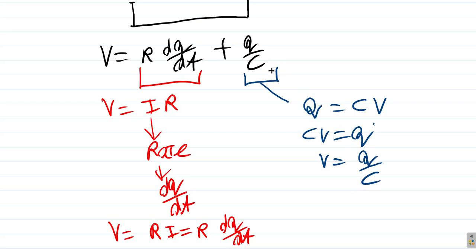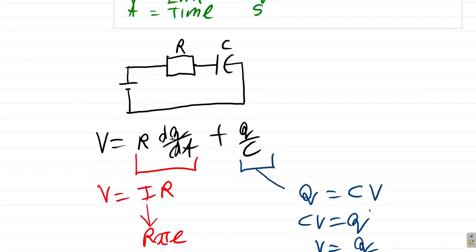So that's this part. This is the voltage drop across the capacitor. This one is the total voltage applied. V, the applied voltage, or the voltage drop across the entire circuit, is equal to the voltage drop across the resistor, which is IR, plus the voltage drop across the capacitor.